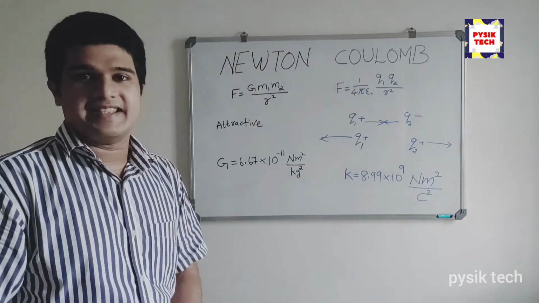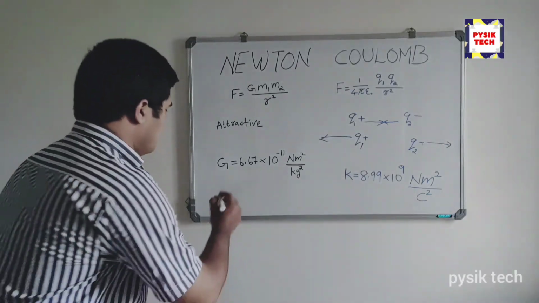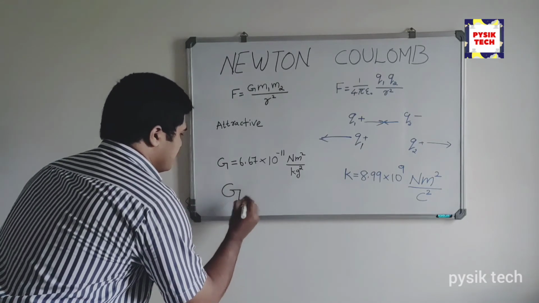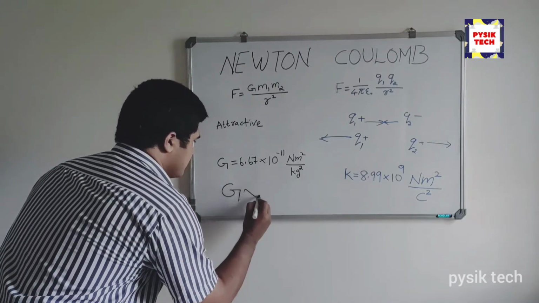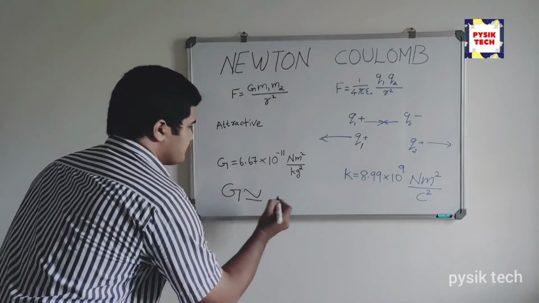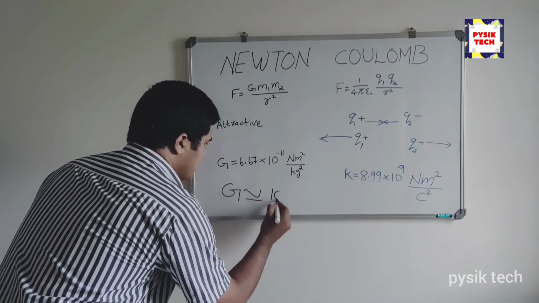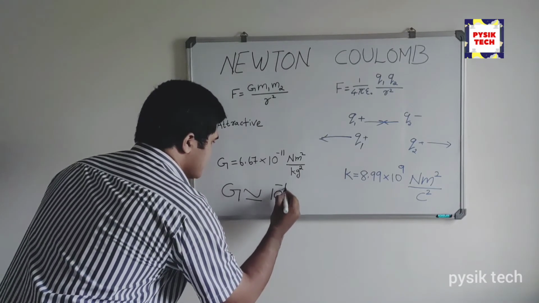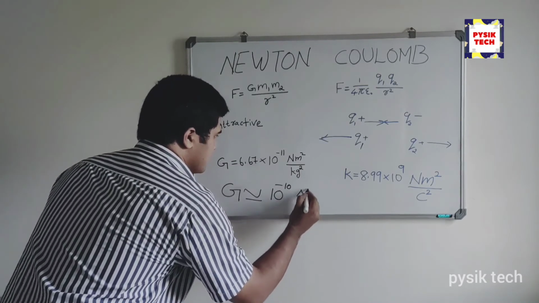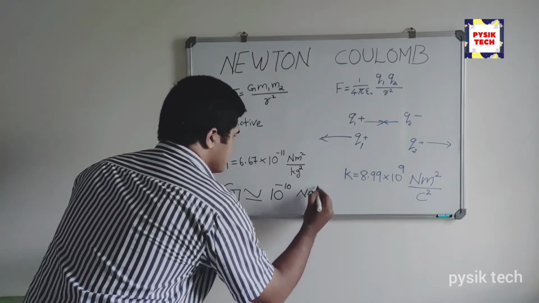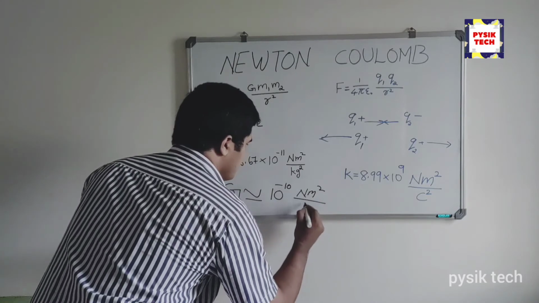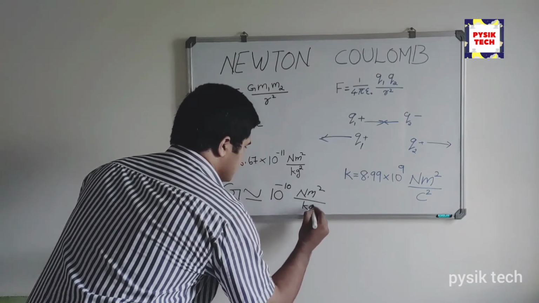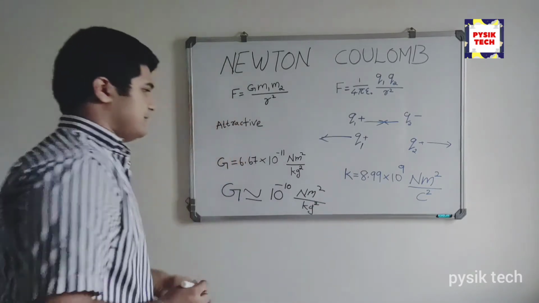The value G is approximately equal to 10 power minus 10 Newton meter square by kg square.